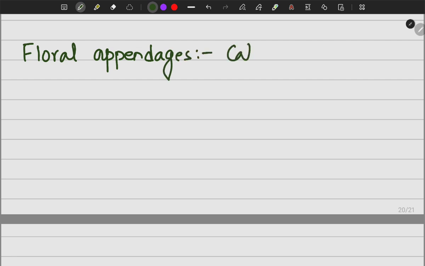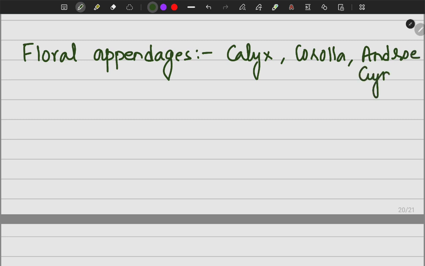When we talk about floral appendages, it means the whorls that we studied about, the calyx, corolla, androecium, and gynoecium. So these were all floral appendages.